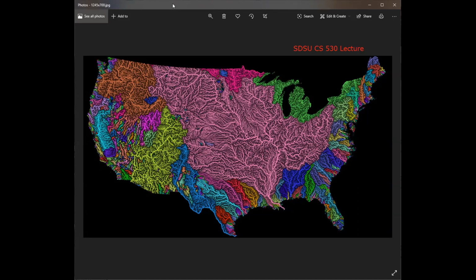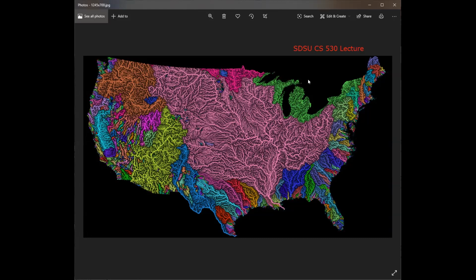This picture here is all of the waterways in the continental United States, and it's kind of cool. It's done as an illustration to help visualize how some of these tributaries end up in the major rivers that then go back out to the ocean and recycle and continue that whole process.